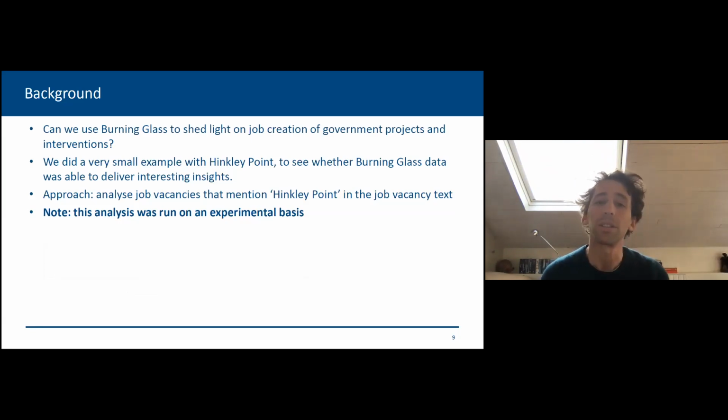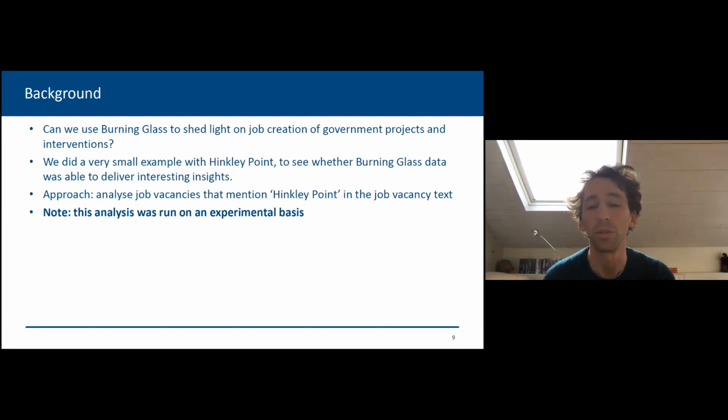The background to that is we were curious to see whether we could use that kind of data for monitoring and evaluation purposes, and we tried to just experiment with an example with Hinkley Point and see whether Burning Glass could show anything about the kind of jobs that are created relating to Hinkley Point.